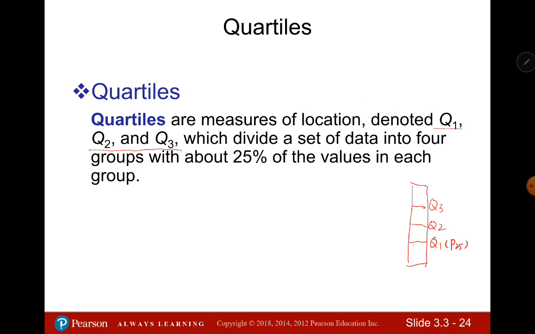And we know P25 separates the whole data set into the lower 25% and the upper 75%. Right? The lower 25%, and the other part will be the upper 75%. So that's the same meaning as Q1.